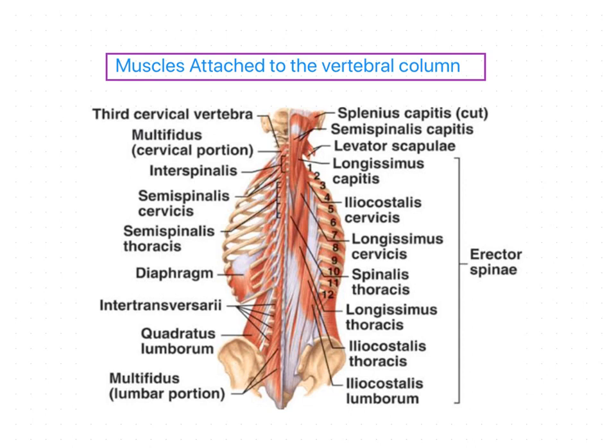After finishing all these things, we are going to discuss the function of the vertebral column as a whole, which includes kinematics and kinetics. The kinematics deals with the mobility of the vertebral column, whereas the kinetics deals with the stability.